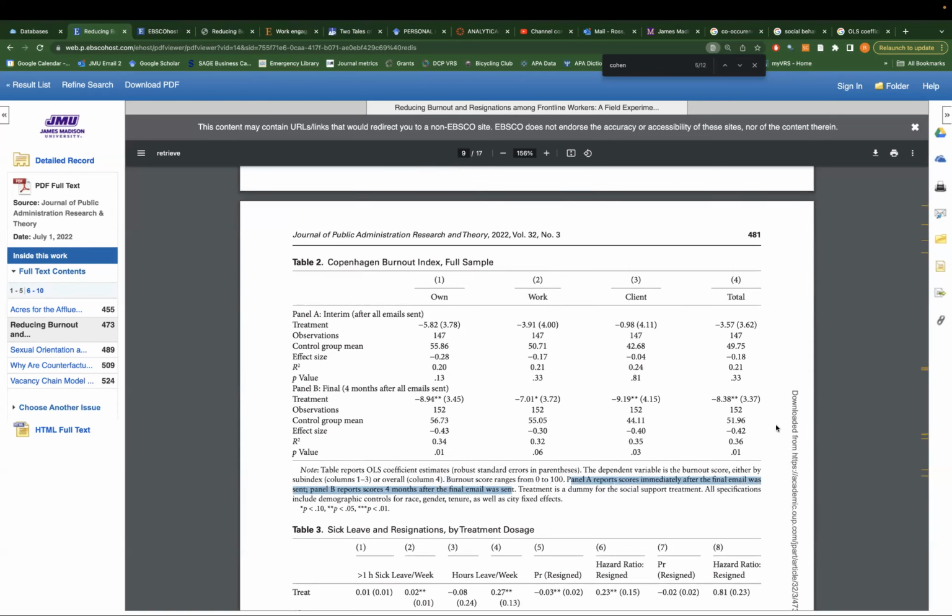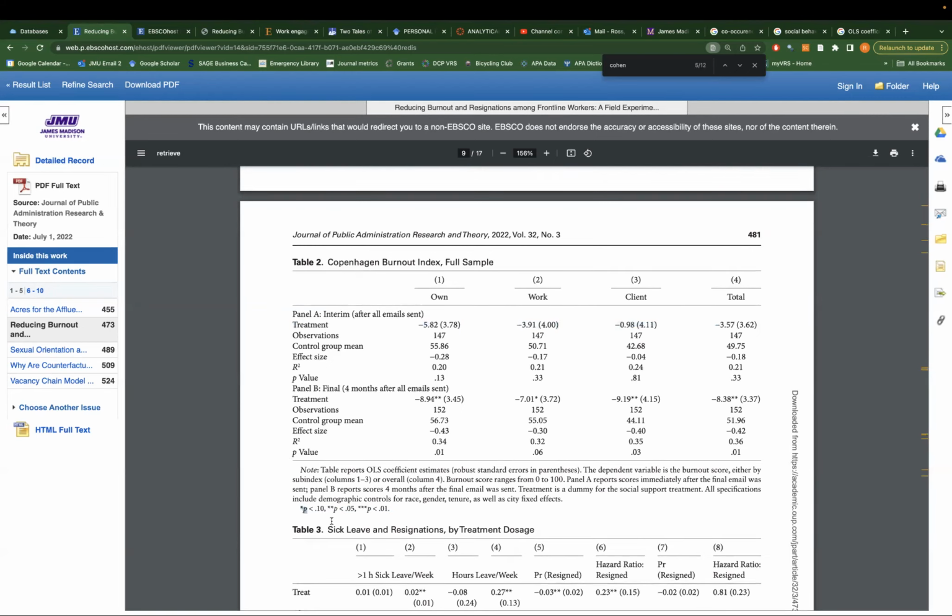So that's kind of interesting because, as we'll see here, this row is the effect of the treatment on burnout. That's your beta weight, your regression coefficient on burnout. And none of these are statistically significant, which we can tell because of this key down here that says when things are statistically significant.